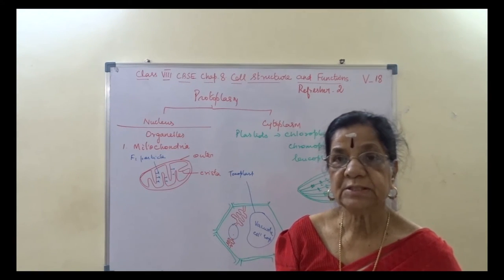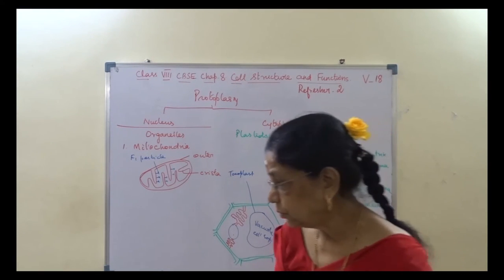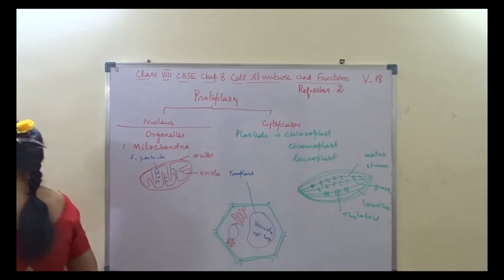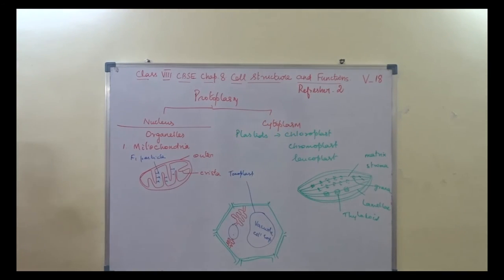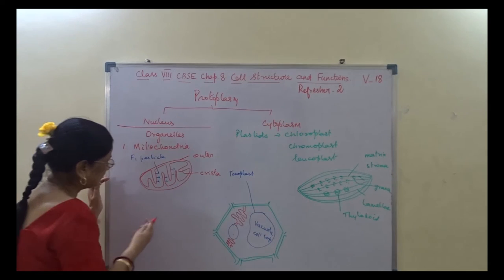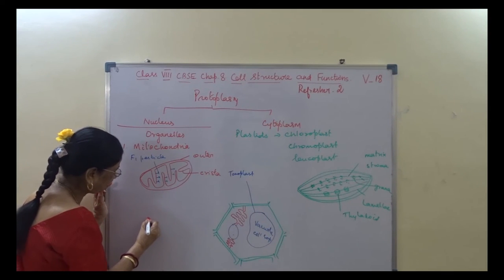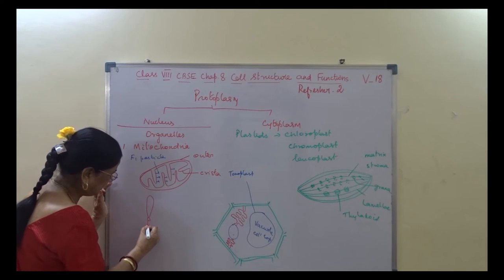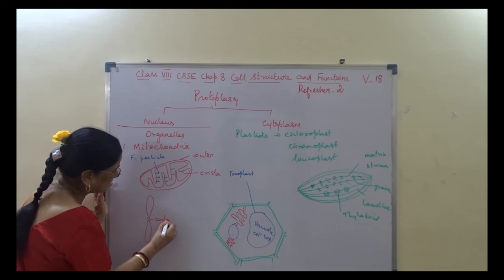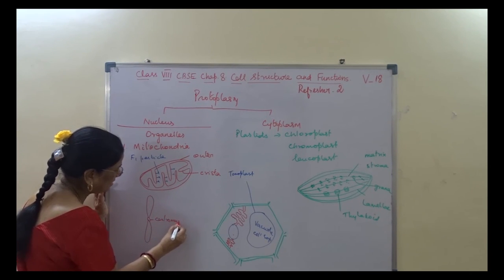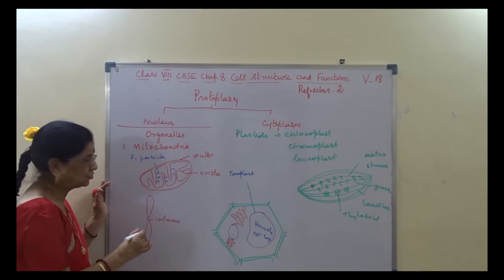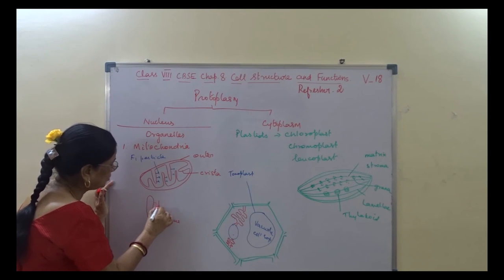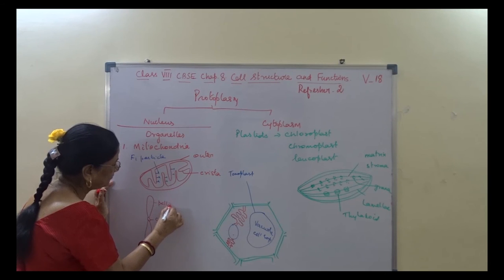Now this chromosome, one more thing I will say. This chromosome, as I said, has a centromere and two arms. Now these arms are called a pellicle.